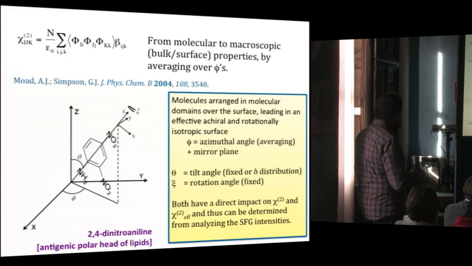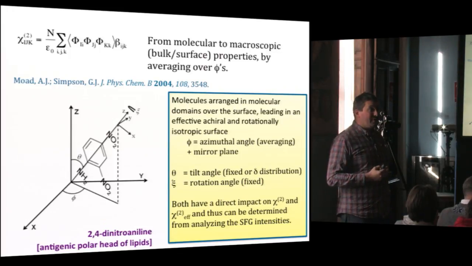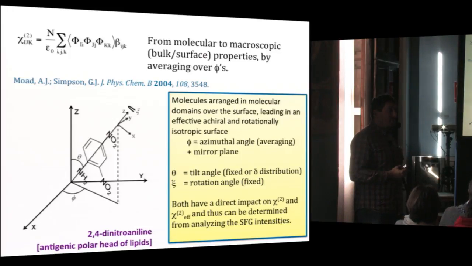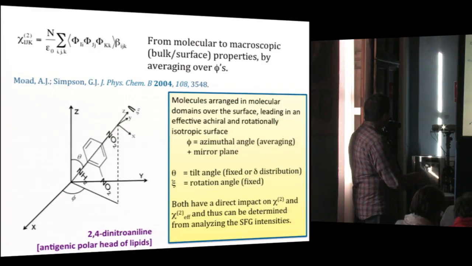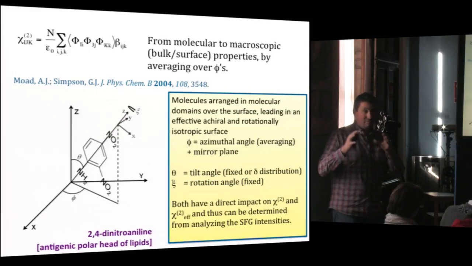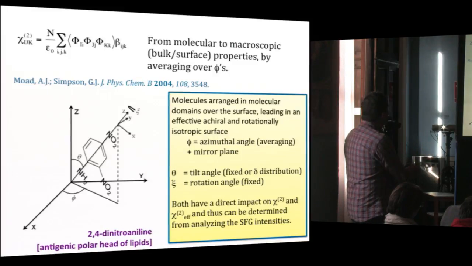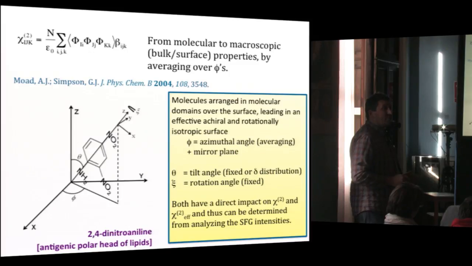In this simulation, we need to make this average. We have to consider the way the molecule is oriented on the surface and whether we have some symmetry for the organization of molecules. And the first thing that we assume is that the molecules are arranged in molecular domains. So each time we do the measurement, we look at different molecular domains, and they lead to effective achiral interfaces.